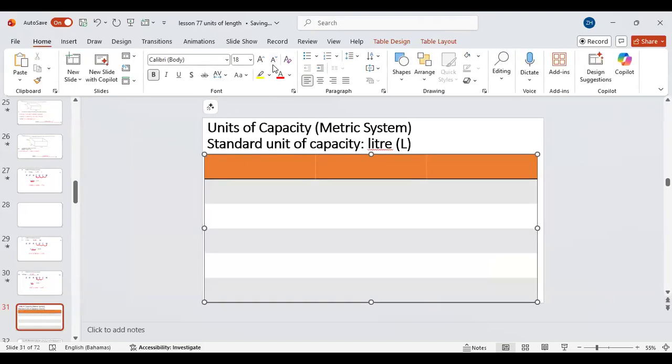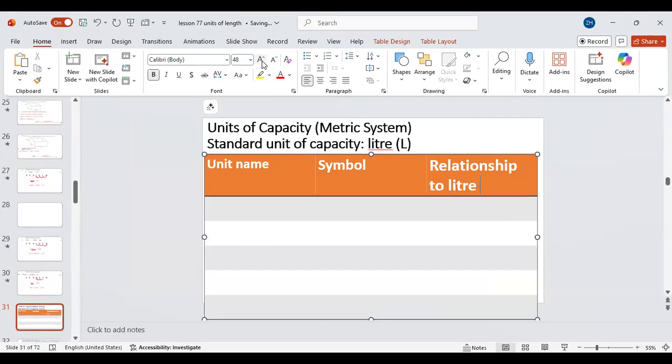So we have the unit name, symbol, and relationship to liter. Relationship to liter. Okay, cool.